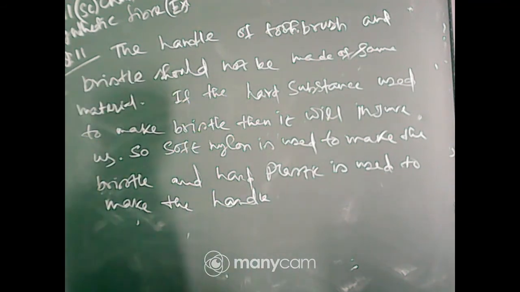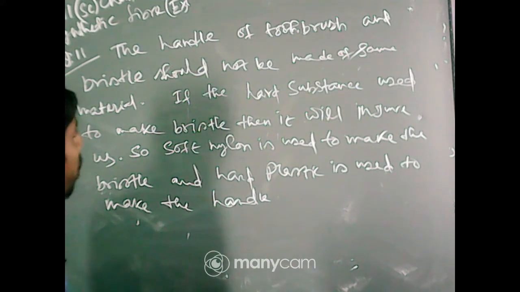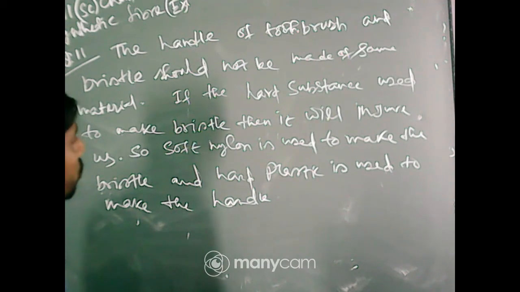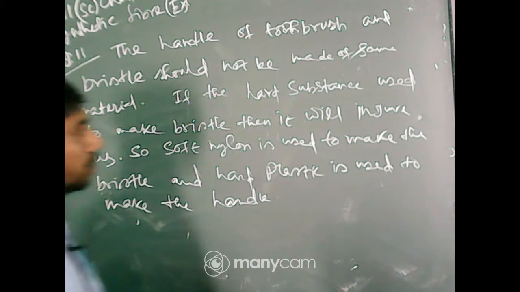I am repeating from the first. The handle of a toothbrush and the bristle should not be made of the same material. If a hard substance is used to make the bristle, then it will injure us. So soft nylon is used to make the bristle and hard plastic is used to make the handle.